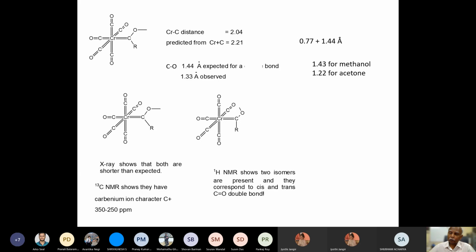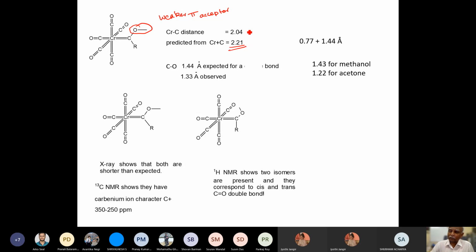But at the same time, because you have competition between the oxygen and the metal for the p orbital on the carbon, the empty p orbital on the carbon is an acceptor, and it is now competing with the oxygen of the OR group. So this now becomes a weaker pi acceptor. The predicted distance, for example, for chromium plus carbon, a single bond, is 2.21.